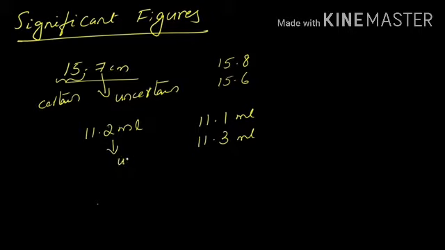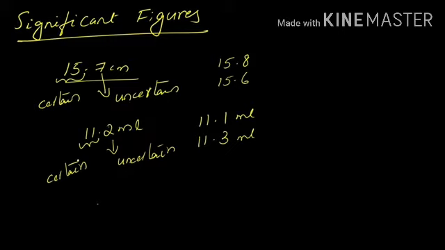Here the certain value is 11, but the uncertain values are 0.2, 0.1 and 0.3. The uncertainty in that measurement is the digit coming after the decimal point.